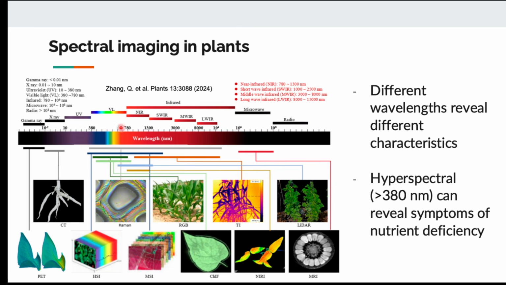Using different wavelengths, you can image different aspects of the organisms, usually plants. If you pick the right wavelength, you can see the response of the plant to loss of certain nutrients, for example. So there are many technologies that we can use to study different phenotypes.